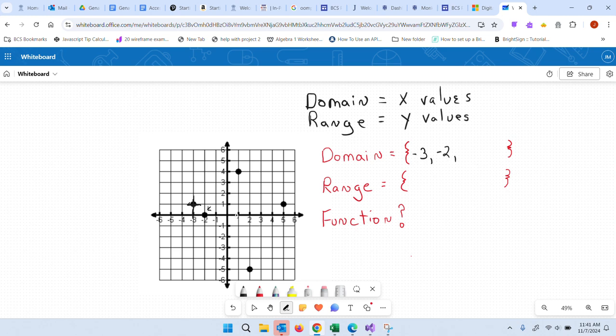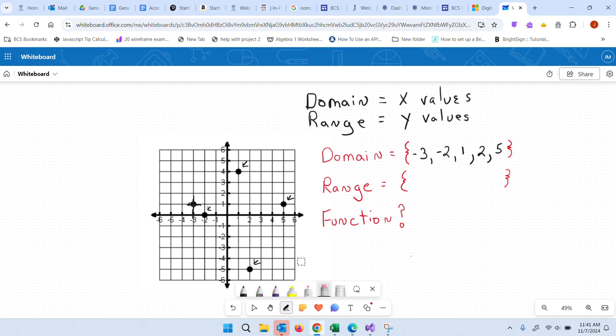Then keep it going from left to right. The next one is at 1. Then this one is at 2. I'm just reading the X values. And the final one right here is at 5.